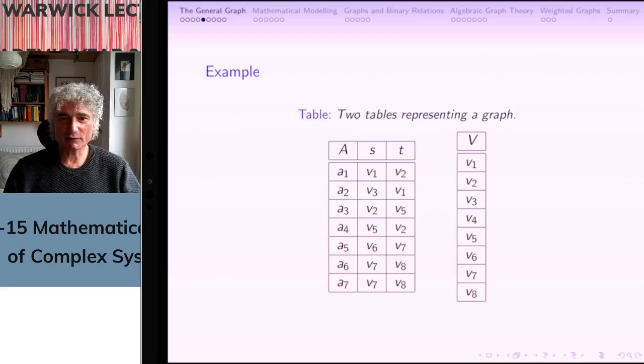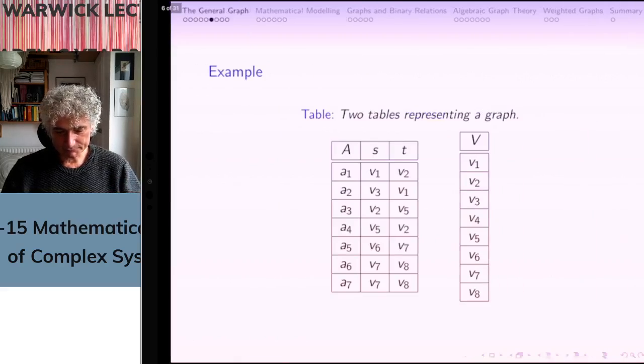So for example, arrow 1 would start at v1, arrow 2 would start at the vertex v3, and so on and so on. And then here in the next table we have just a complete listing of the vertex set V, which contains 8 vertices in this example.